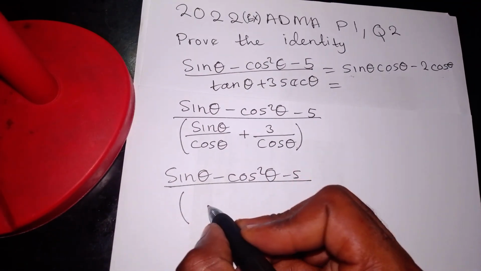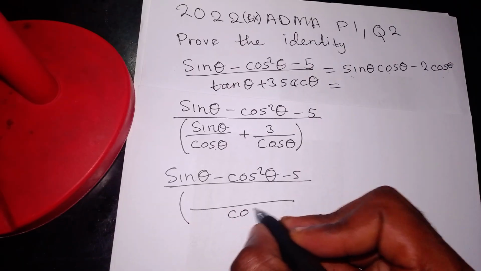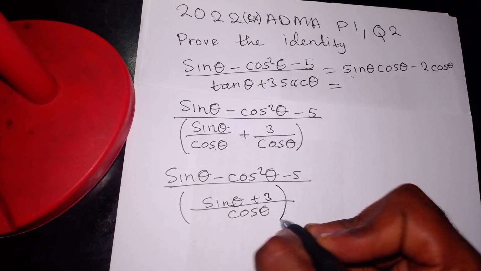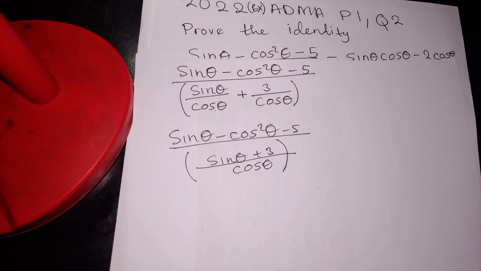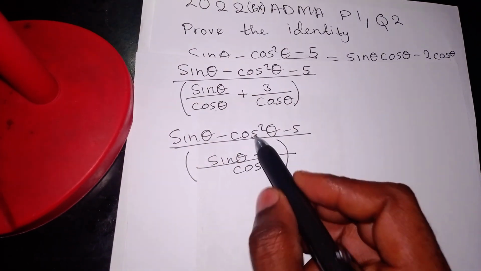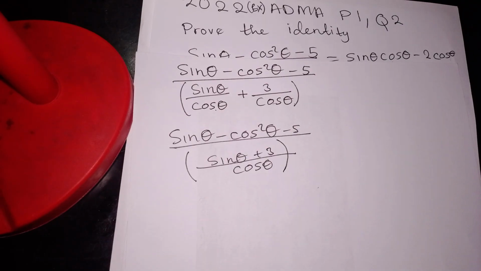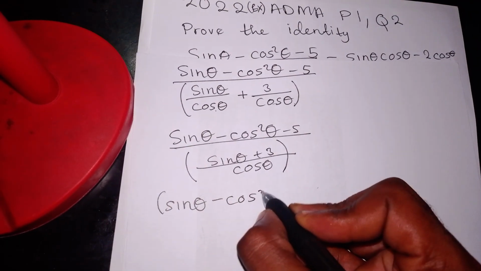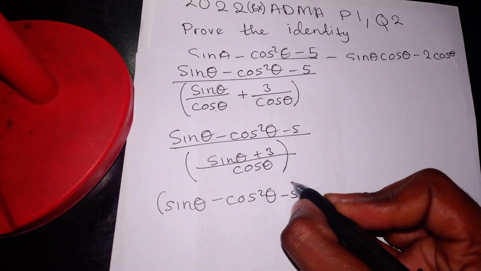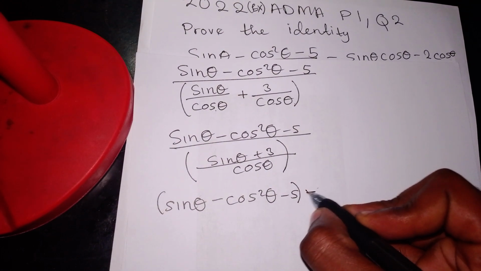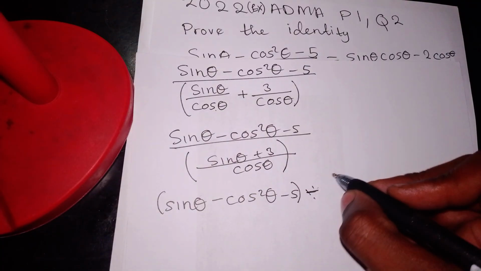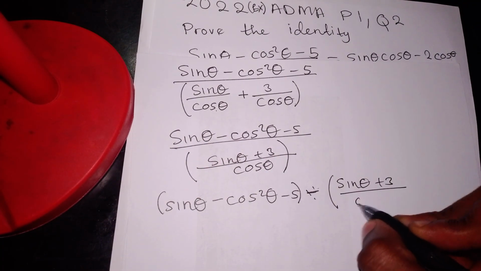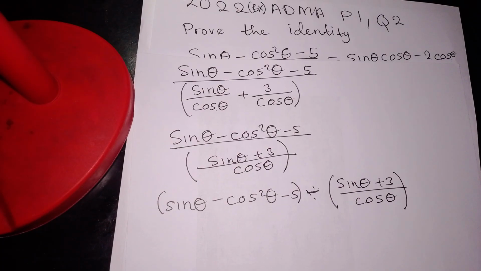So everything over, the denominator is common, so you can just say sine theta plus 3, like this. And then now we can divide these two because you don't want the denominator. So you have sine theta minus cos squared theta minus 5 divided by this, which is sine theta plus 3 over cos theta, like that.